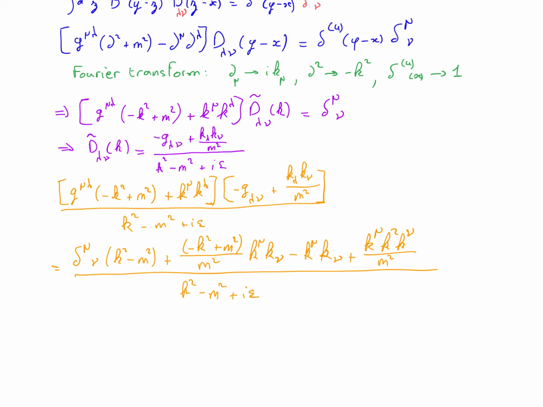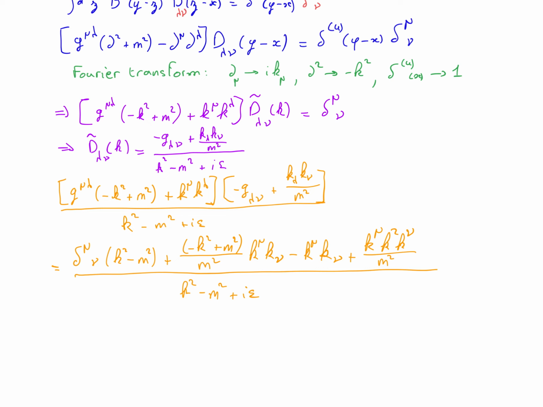The product of the two metrics g mu lambda with g lambda nu gives a Kronecker delta, delta mu nu. Then the second term here is obtained by applying the metric on k lambda to raise its index, so that gives us a k mu. Similarly, the third term is obtained by lowering this index with the metric.